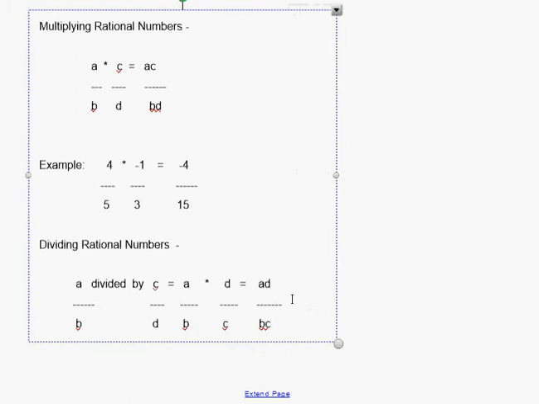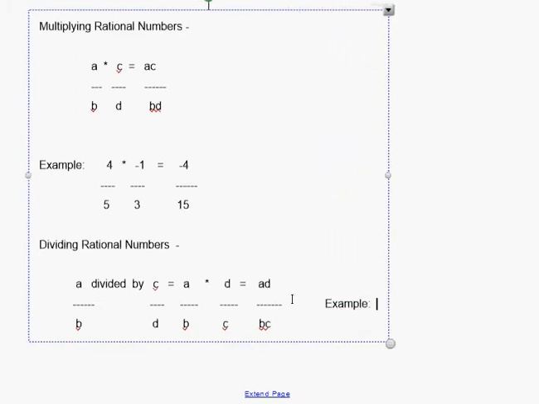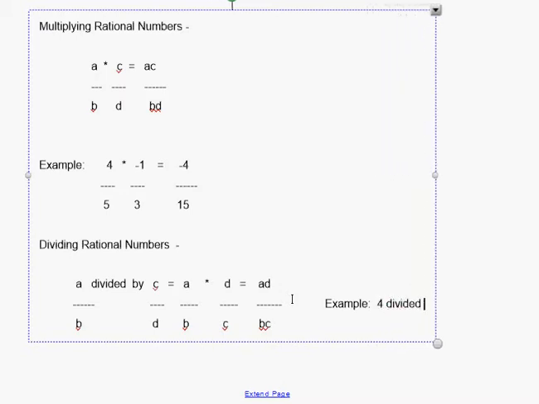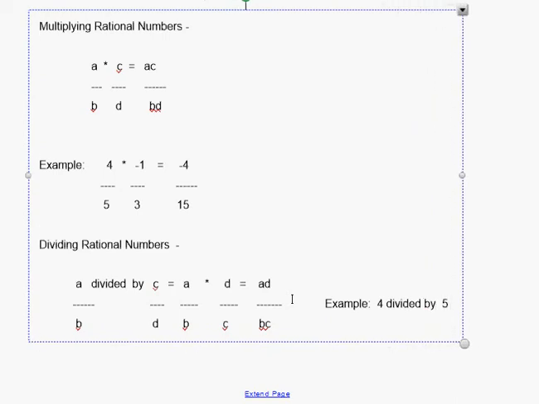Now, let's take a look at an example. Suppose in the example we have 4 sevenths divided by 5 ninths.